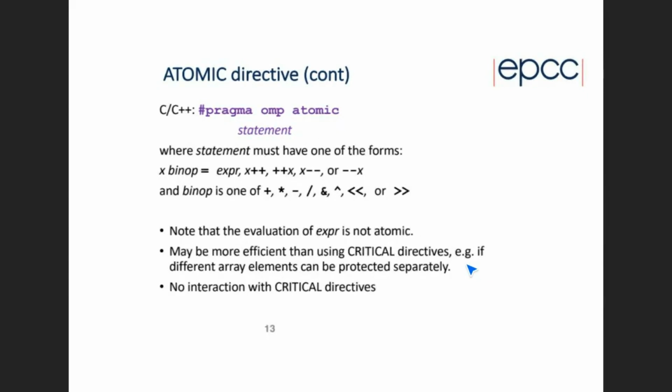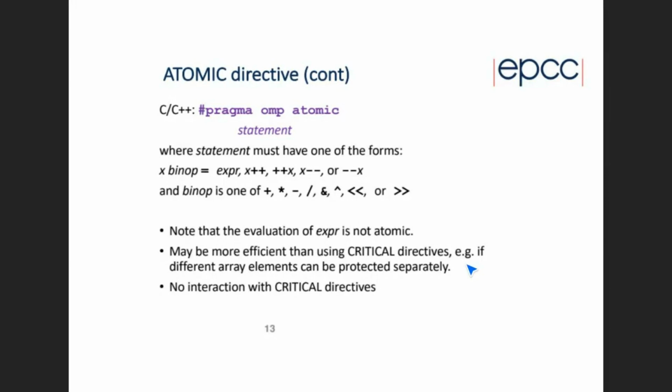If I use atomic, that gives the implementation the freedom to implement it in such a way that updates to different elements can happen at the same time. We'll see that more clearly with an example in a moment.